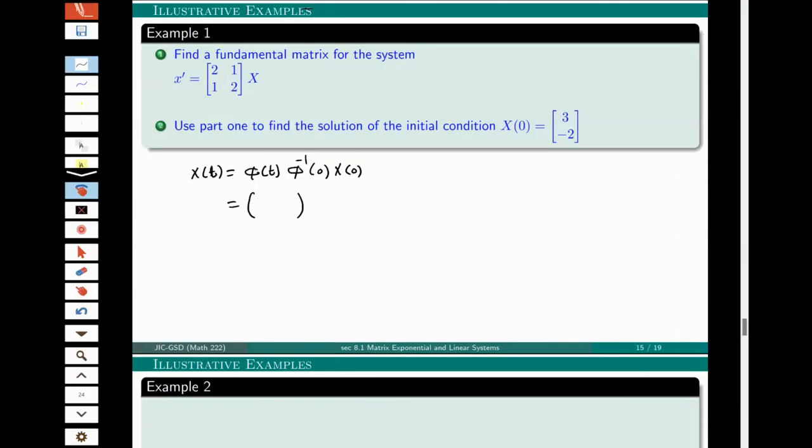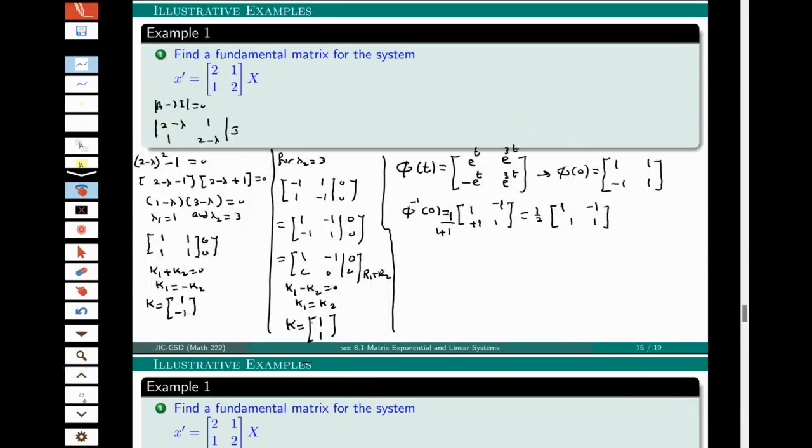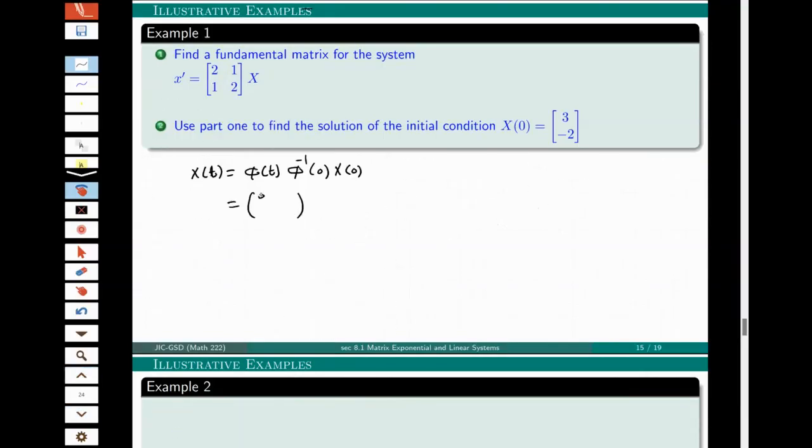So that will be phi of t, which is e to the power t, e to the power 3t, e to the power t, and e to the power 3t. Then I have minus e raised to the power t and e to the power 3t. Okay, that's what we have.